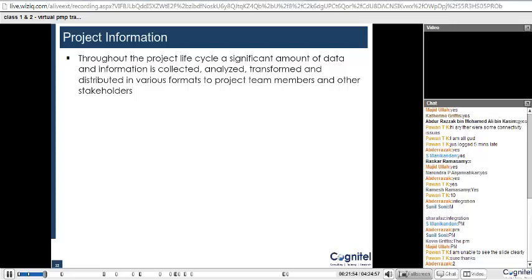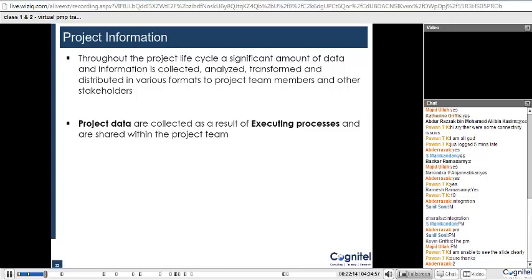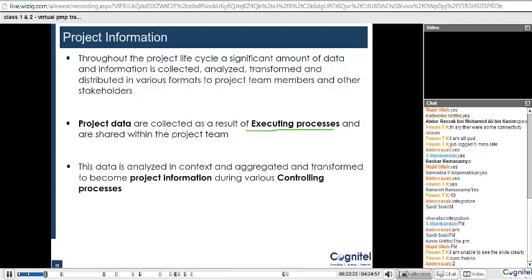Okay, now let's understand what project information is. Throughout the project lifecycle, there would be a significant amount of data and information which would be collected, analyzed, transformed, and distributed in various formats to different team members and any other stakeholders. Now, project data are collected as a result of execution processes and are shared with the project team.